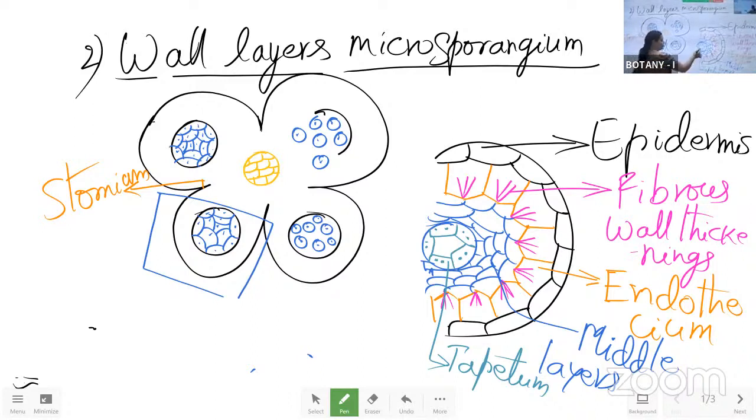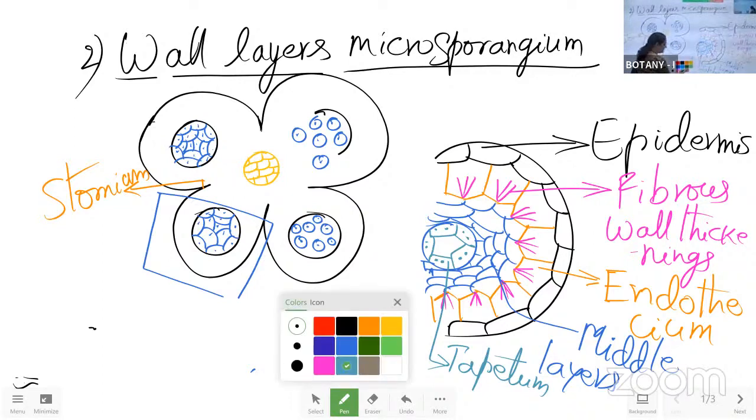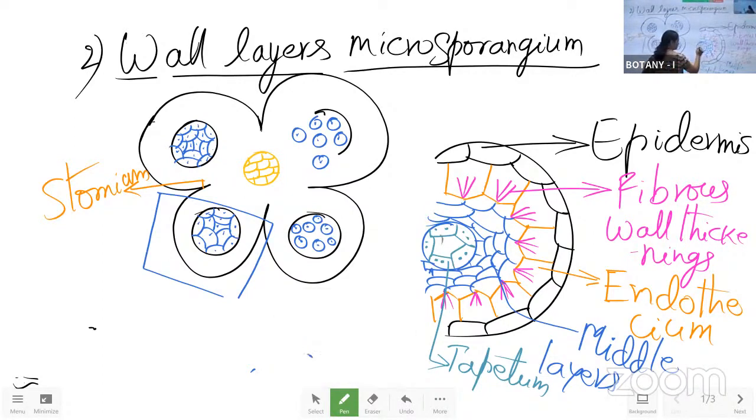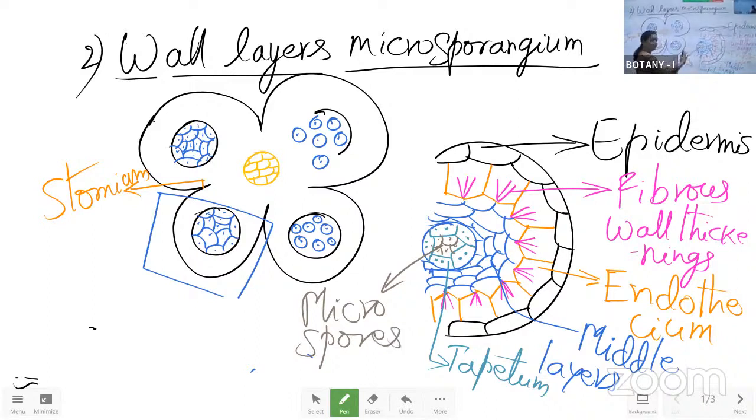These cells will protect the microspores externally, and they will give the nutrients to the microspores for their proper development. And inside this are the microspores. Only till here we have to write.